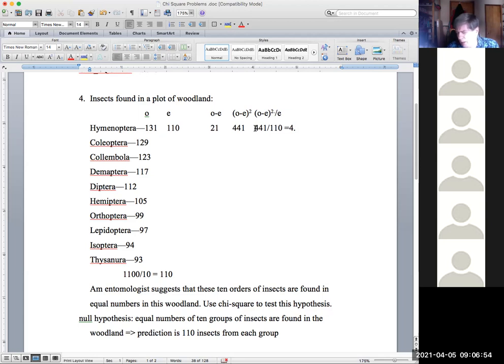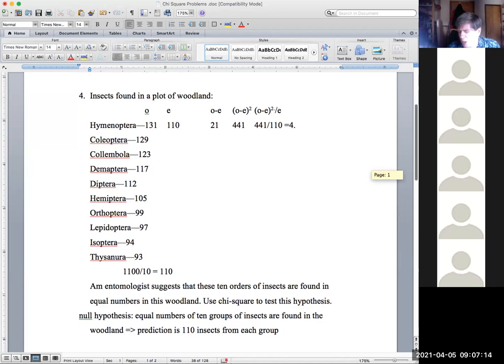Now, some people didn't divide by the expected number. Some people also got a negative number when they squared O minus E. And remember, when you square any number, even if that number is negative, you always get a positive number. This number, whatever you get here, is going to be positive.